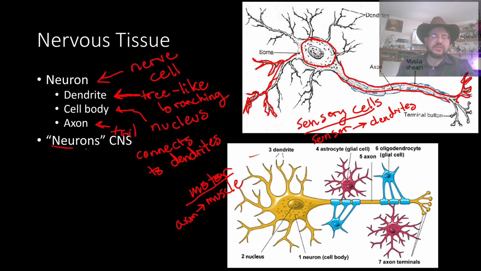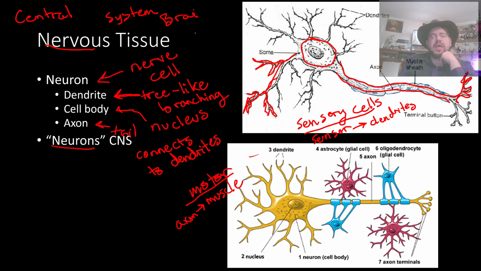Neurons is the term for the cells in the central nervous system. CNS is the central nervous system. And that is the brain and the spinal cord.